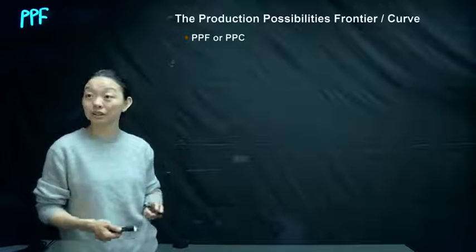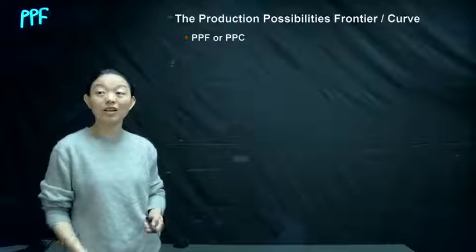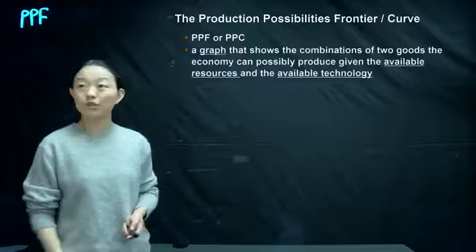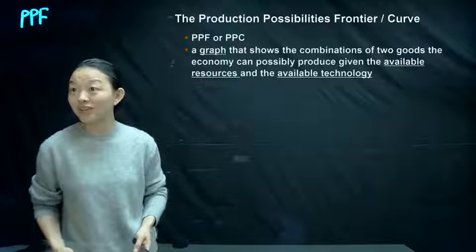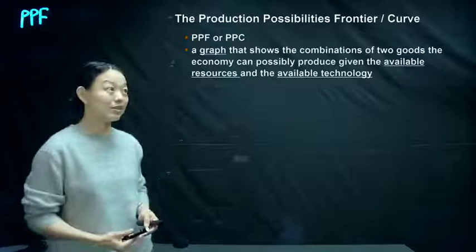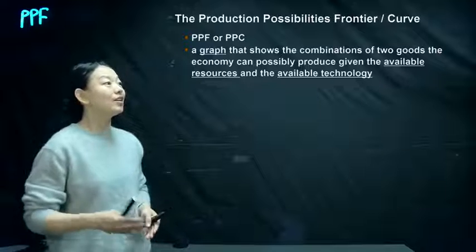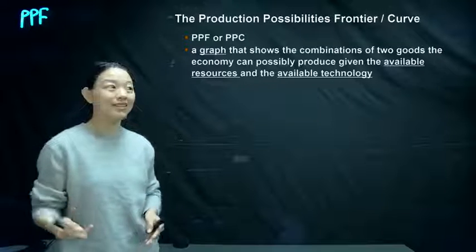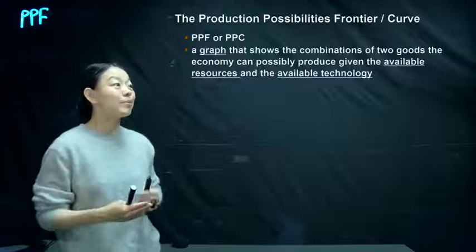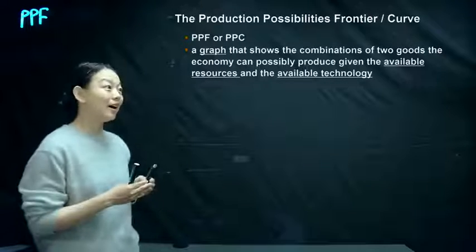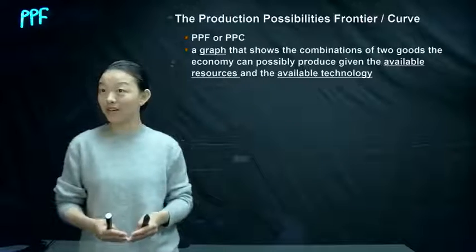Production possibility curve. PPF or PPC, in our textbook, we use PPF. And you can see this is the definition of the production possibility frontier, which is just a graph that shows the combinations of two goods a country can possibly produce given the available resources and the available technology.